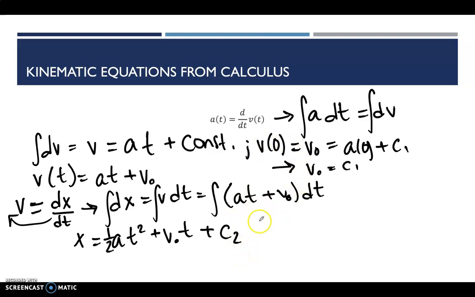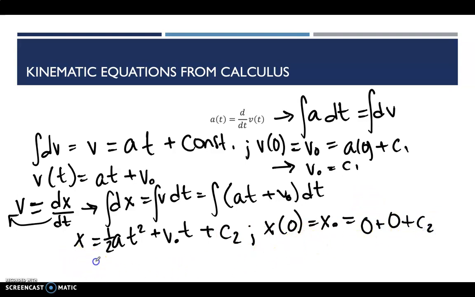We'll do something similar here and say that x of 0 is equal to x naught. So we'll plug in t equals 0, and you can see that it'll be 0 plus c2.